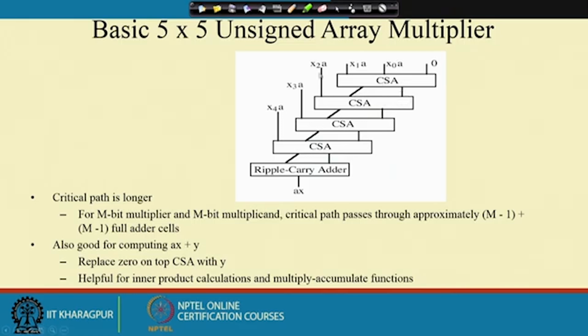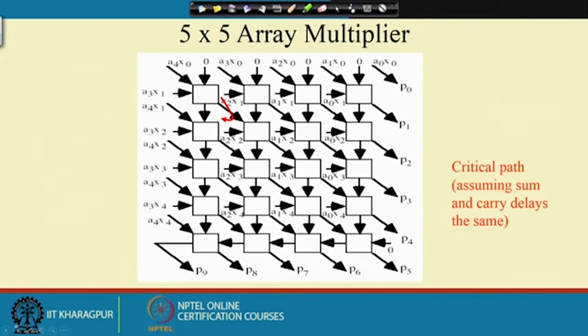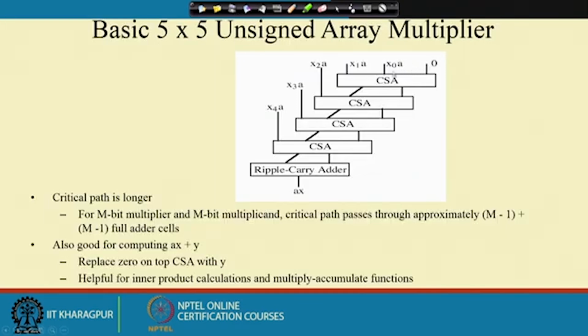At each level, two of the inputs go to the next carry save adder level. So, this is for x0 a, x1 a, x2 a, x3 a, x4 a. All are added using the carry save adder, and finally the bits are added in a carry ripple adder to get the corresponding results.